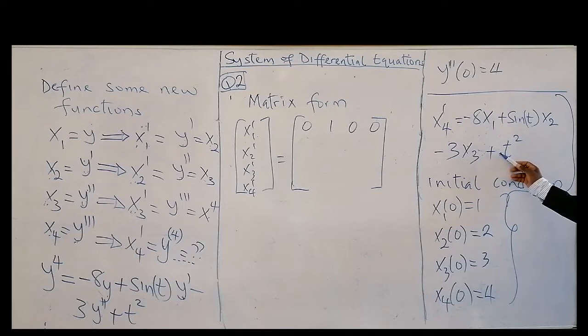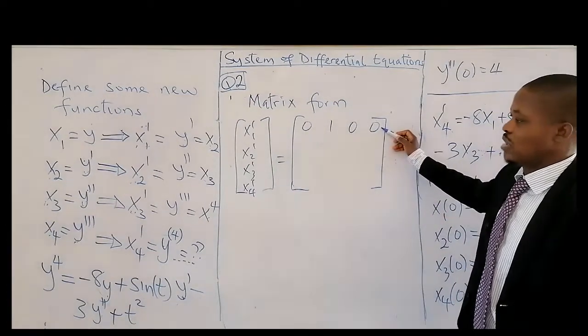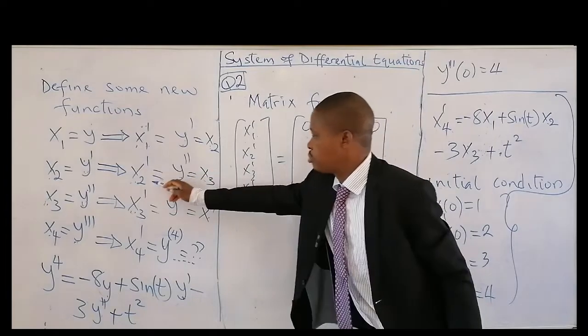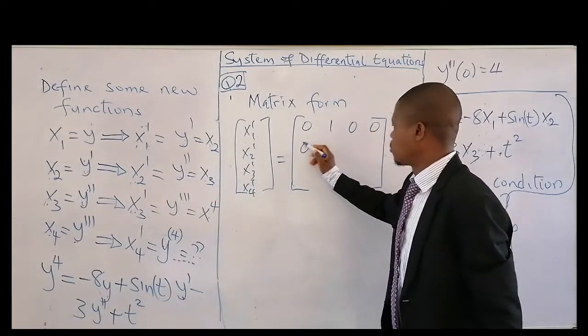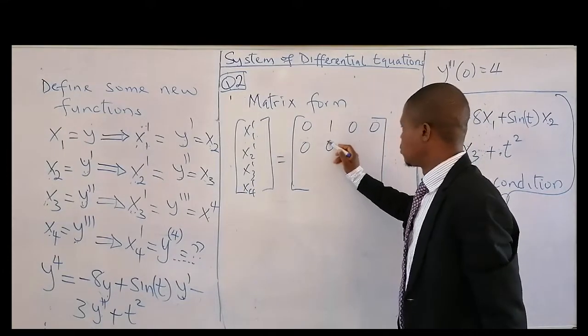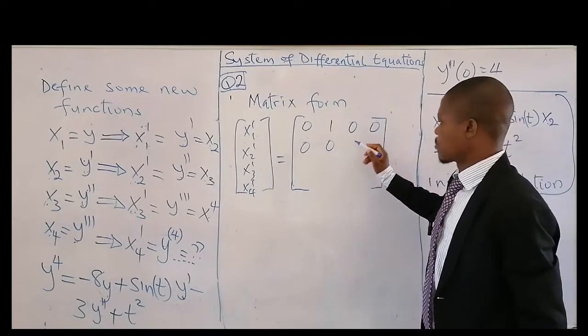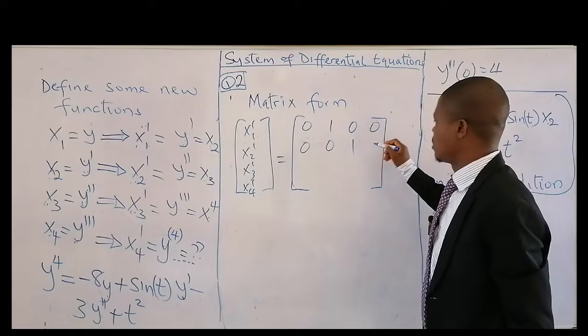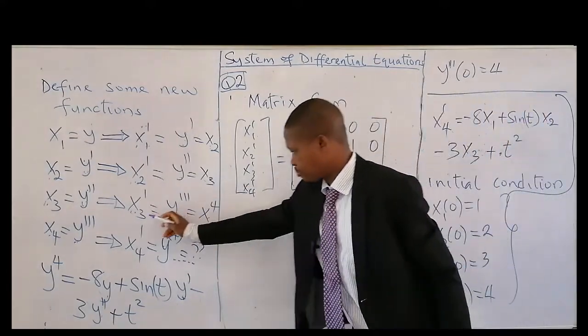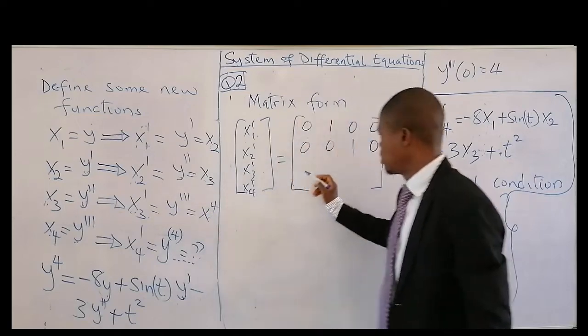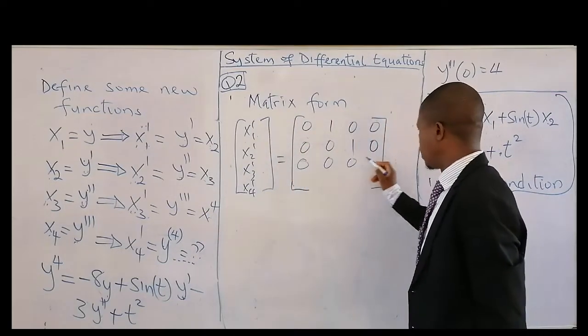You don't have x4 here. So we are only writing the coefficients of x1, x2, x3, and x4. So that's for the x1 prime. Then for x2 prime, we only have x3, so that will be 0 for x1, 0 for x2, for x3 the coefficient is 1, x4 coefficient is 0. For x3 prime, we only have x4, which means this will be 0, 0, 0, and 1.